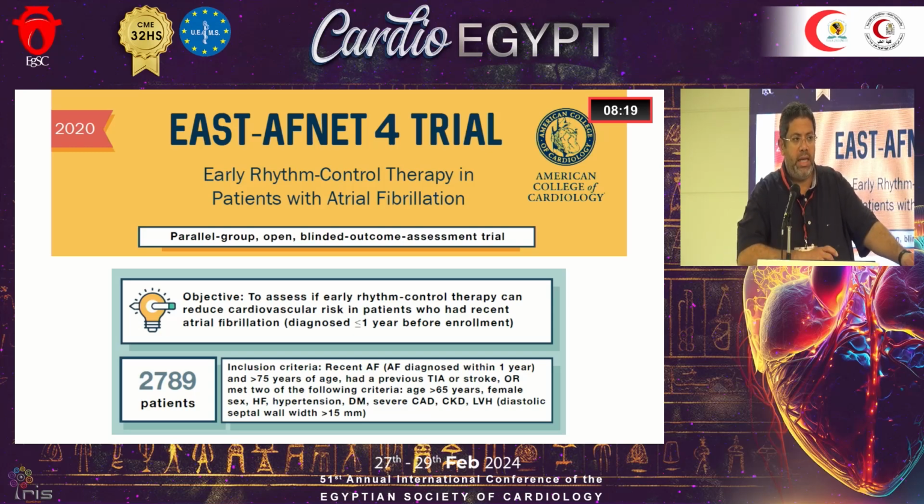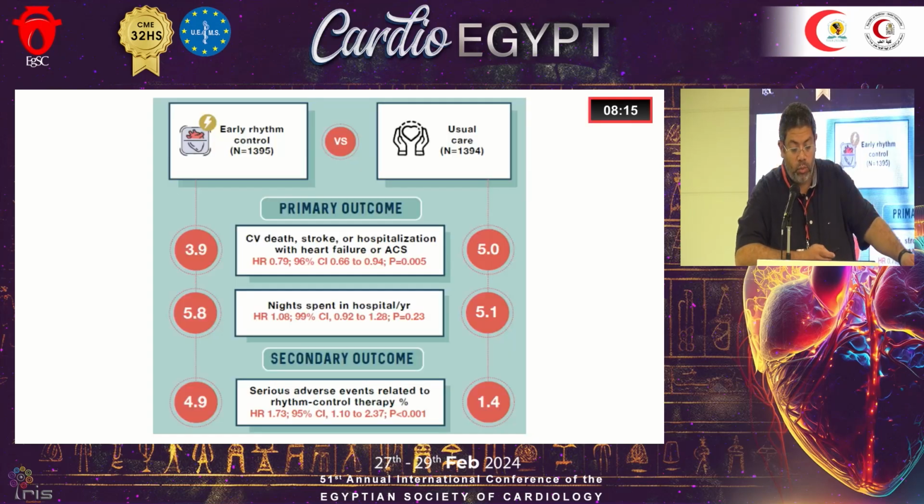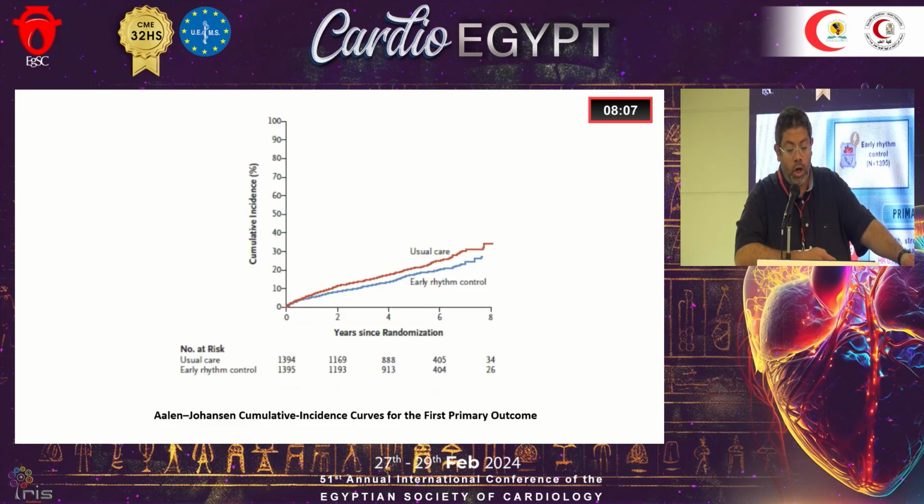What did we find? We found that the primary endpoint, which was cardiovascular mortality, stroke, or hospitalization, was significantly less when we used a catheter ablation strategy. So this is the second group of patients where we now have a hard endpoint to use catheter ablation.